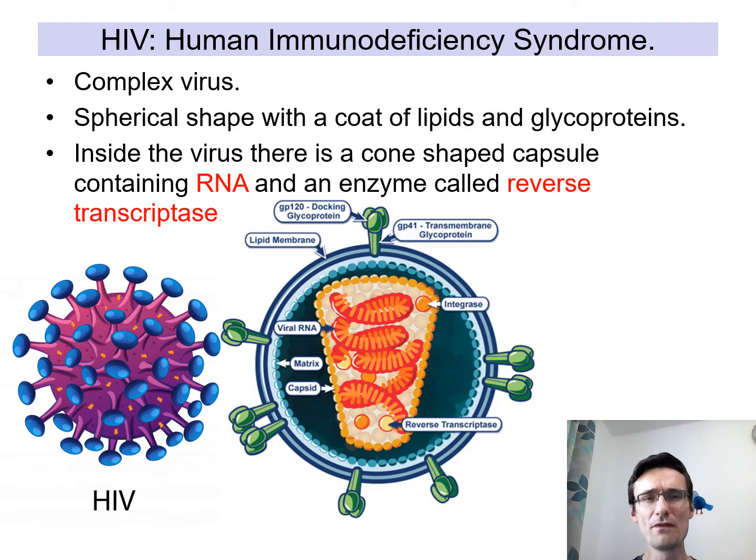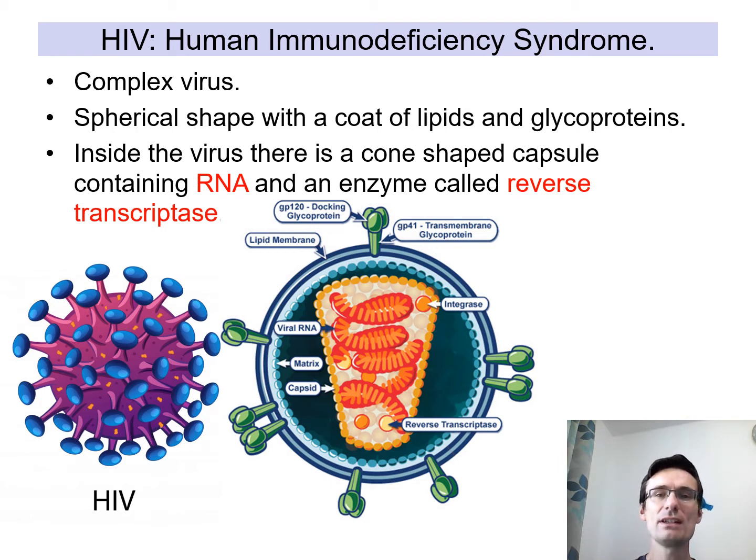So the virus that we need to know about, obviously, is HIV, which stands for Human Immunodeficiency Virus. It's a relatively new virus in terms of our knowledge of it, because it only really appeared in the early 1980s, and it's a very complicated virus. Overall, as you can see in these two diagrams, it's got a spherical shape, so it's like a ball effectively.